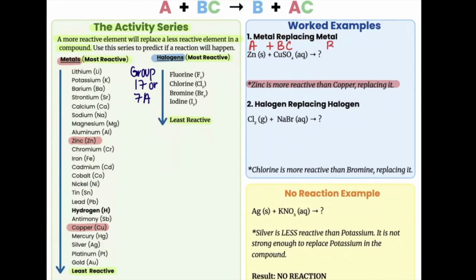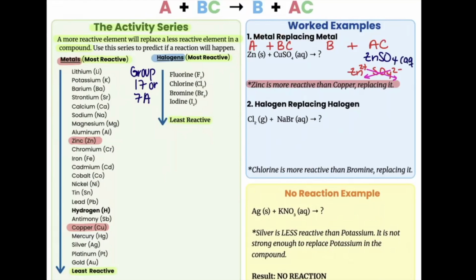But remember, sulfate is SO4 with a -2, and zinc has a +2 charge. It's fixed. So when you cross the charges between zinc and sulfate, the +2 and the -2 end up canceling each other out. So you end up getting ZnSO4, also known as zinc sulfate.